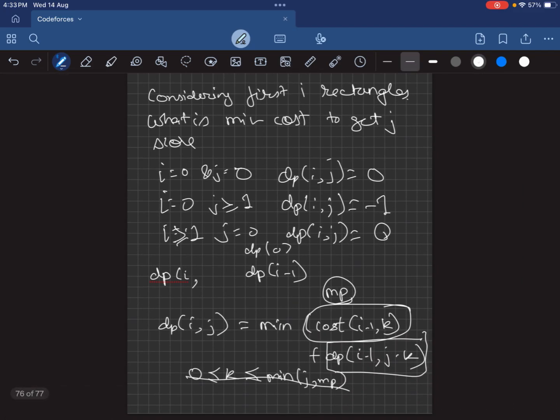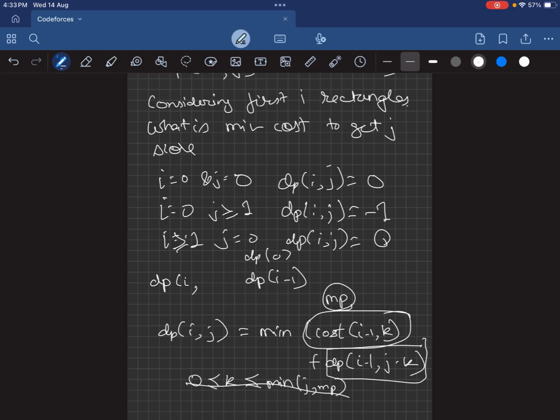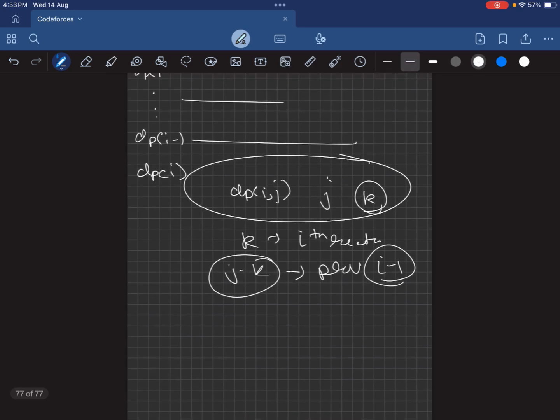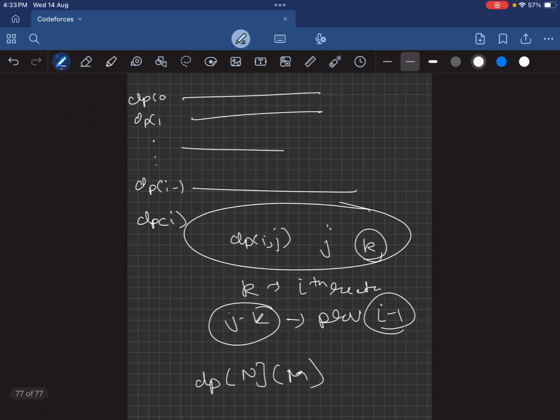Since we are taking the minimum over all possible values, we'll get the absolute minimum, and then we return dp of n comma m, essentially the final number, whatever that is. We'll return this as our answer.